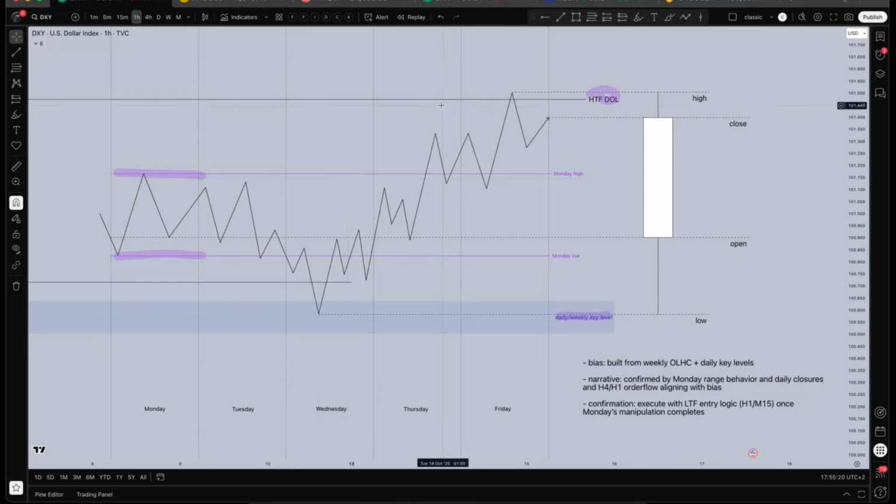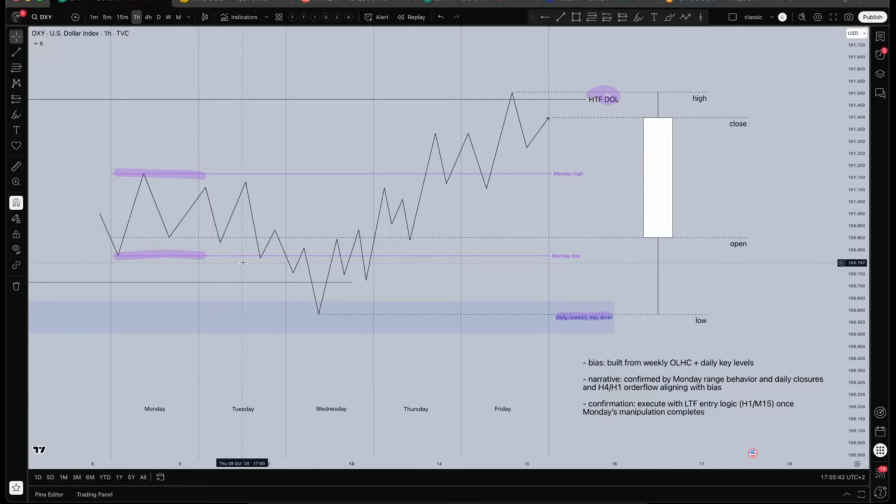And as you can see, Monday range, why is it so important? The Monday range is pretty much the same as the Asian range for the daily candle. So Monday builds up liquidity at the Monday range high, the buy side, and then the sell side below the Monday range low. And now you want to combine the economic calendar to anticipate when price is likely going to move above the high or the low.